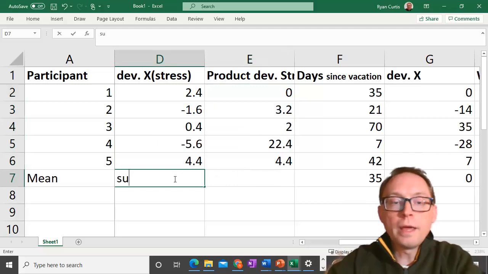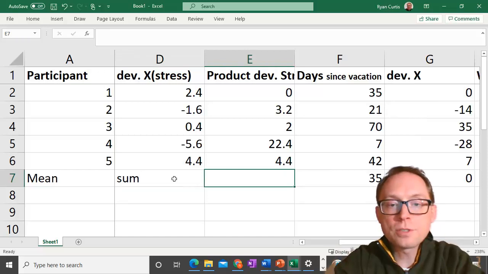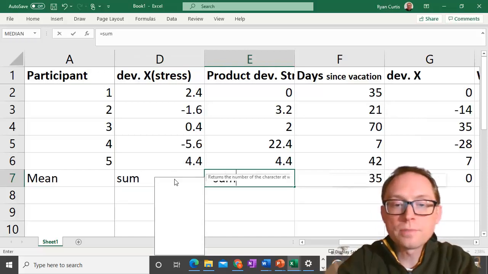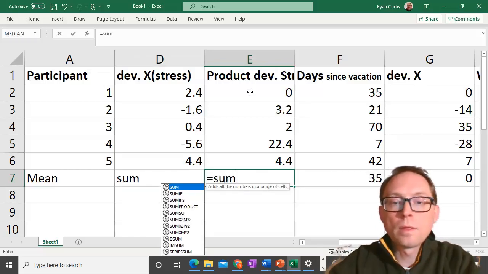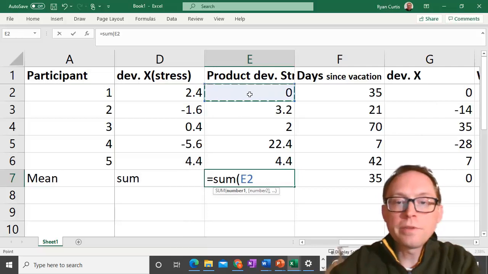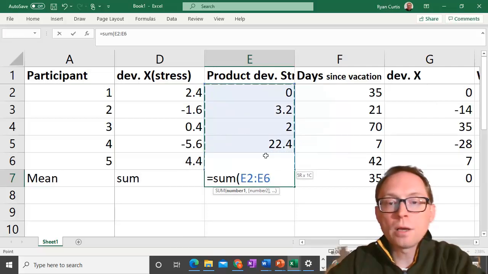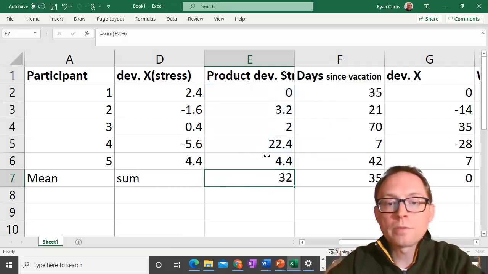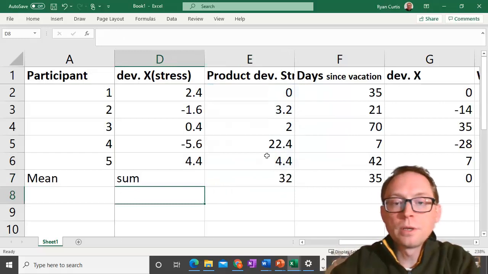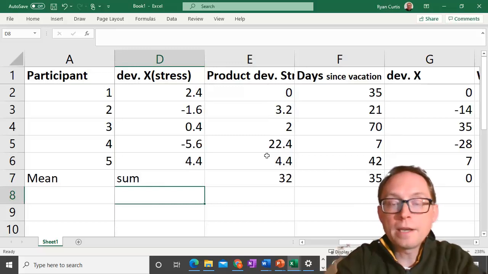Then we get the sum of those deviations, the product of the deviations. The sum of the product of the deviations, add them all up. Here's the product of the deviations for each person. We add them all together. Then we take that number divided by n minus 1.